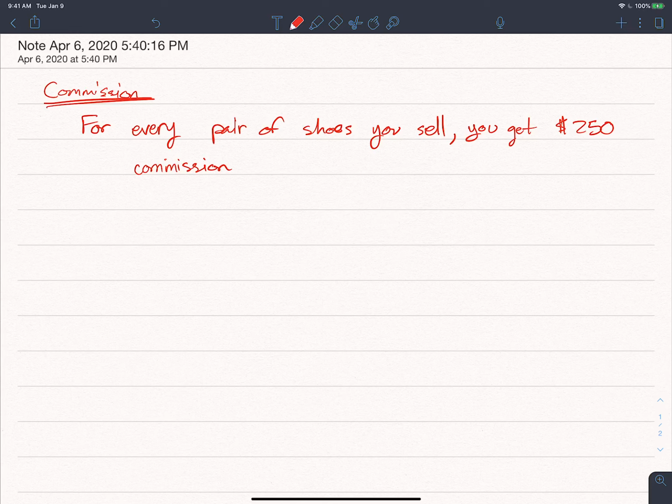So for every pair of shoes you sell, you get $250 commission.